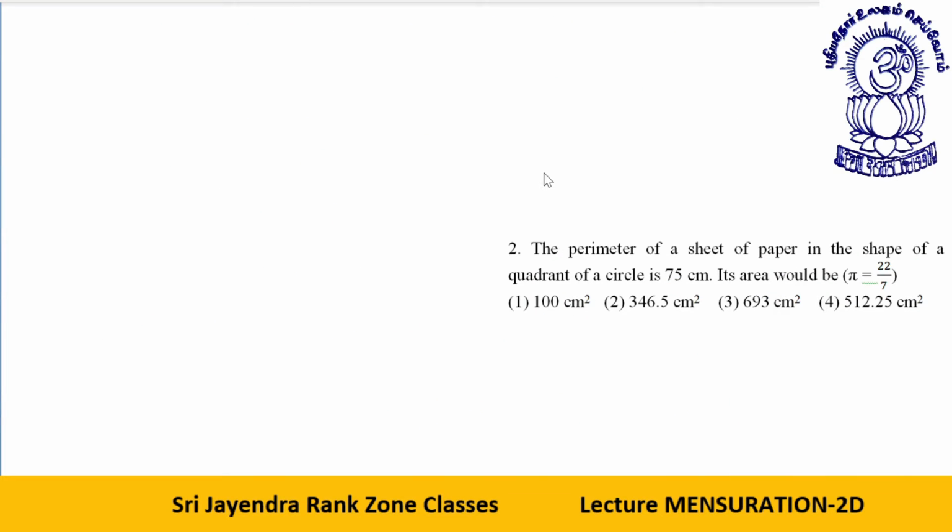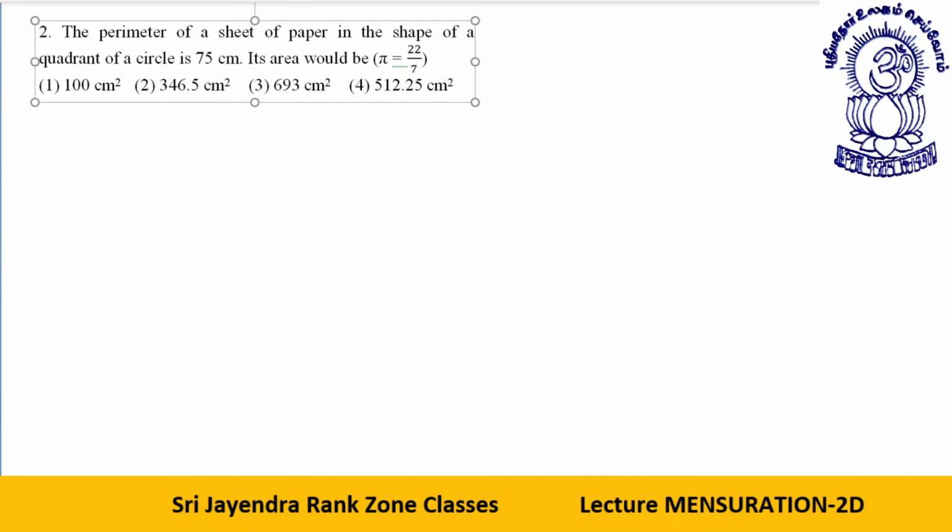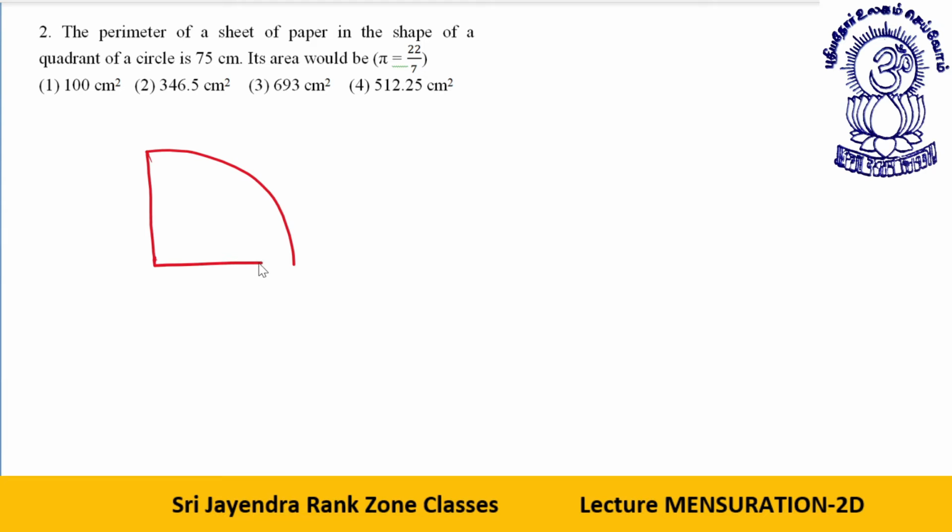Let's proceed to the second one. The perimeter of a sheet of paper in the shape of a quadrant of a circle is 75 centimeter. Its area would be? See, it's like this. This is the quadrant of a circle. This is r, this is r.